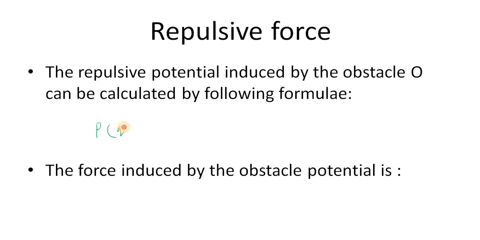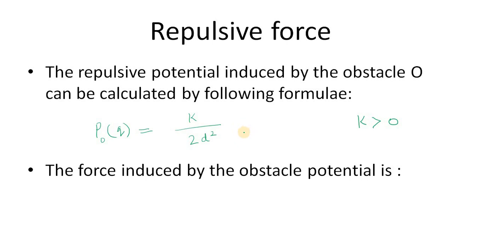P of Q. This is the obstacle, we say, okay, P obstacle is equal to K over 2 d square. So here K is a scaling factor and its value is usually greater than 0.